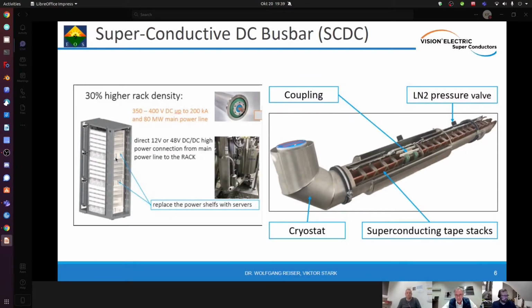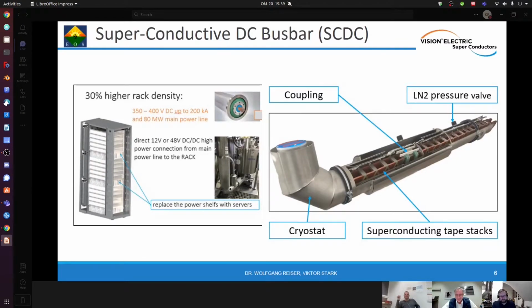So let's go over to the busbar, please, to the structure of the busbar, because that is something most people have not seen, how this is actually working. Yes, exactly. That's always the question.